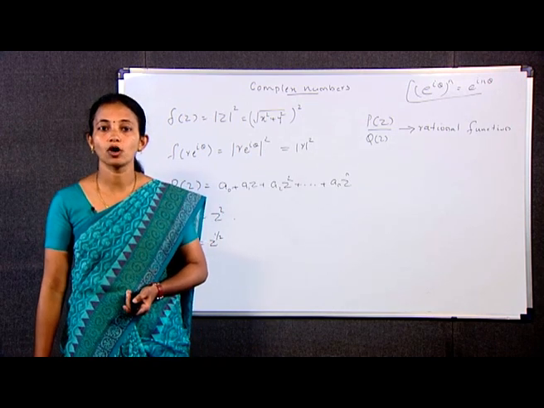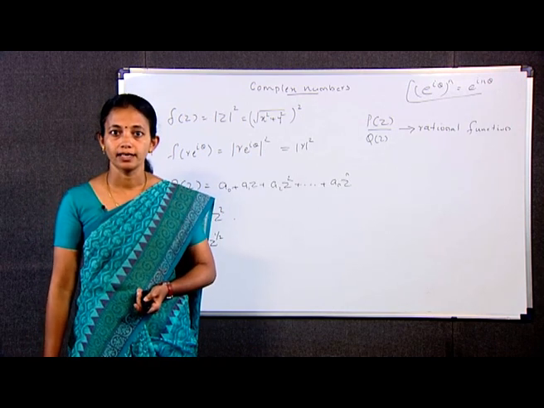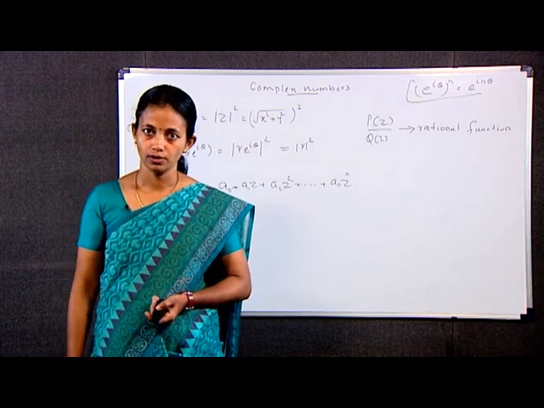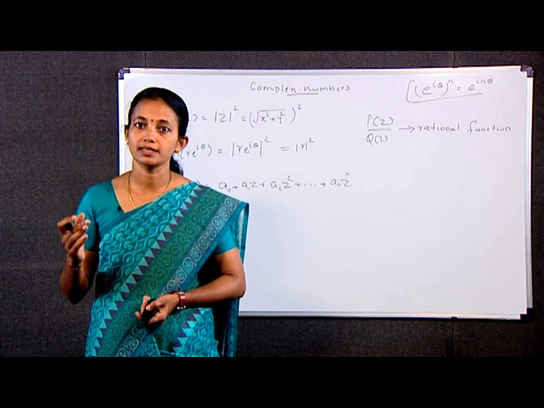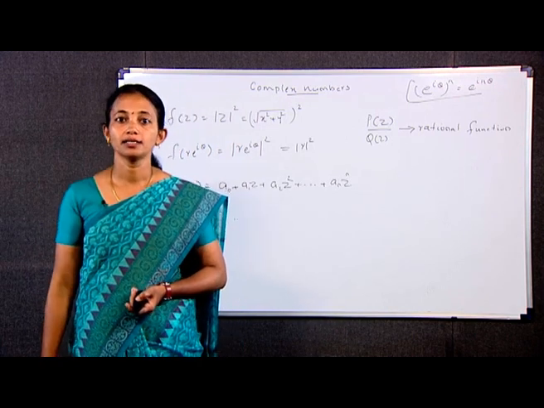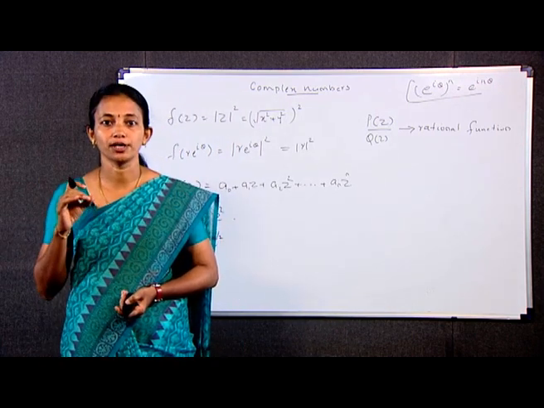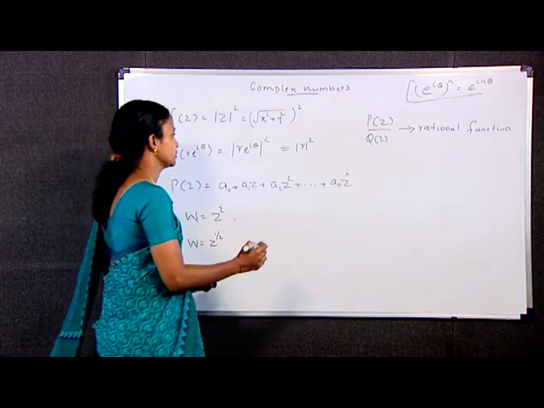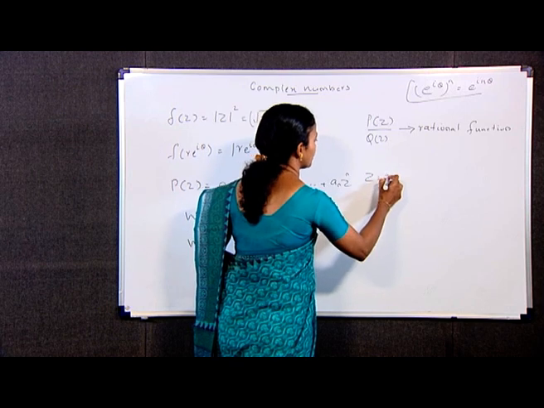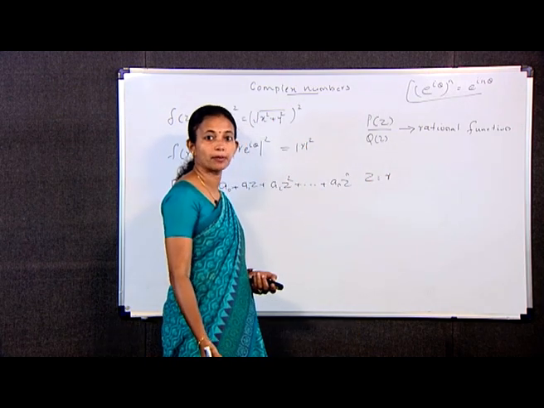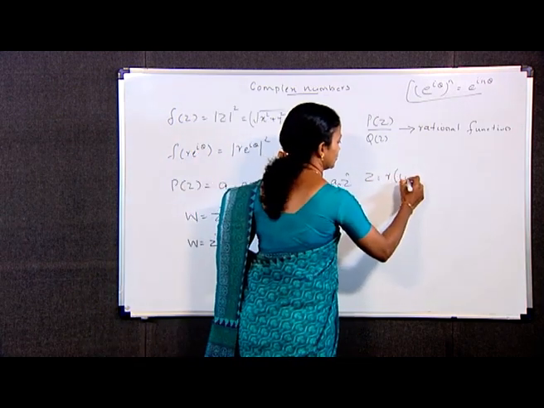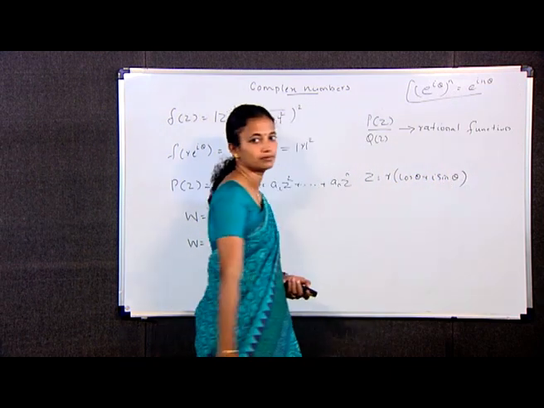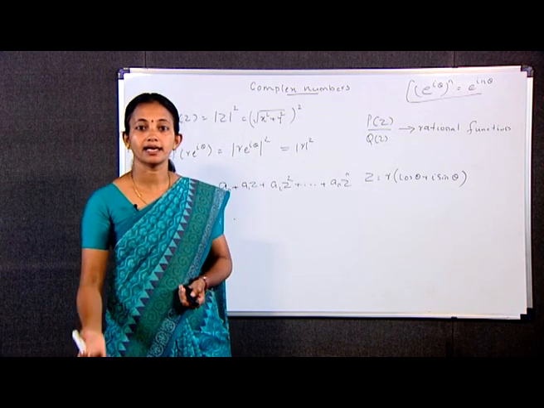For a non-zero complex number, we take z = r e^(iθ), where r > 0 and −π < θ ≤ π is the principal value of the argument of z. Then z = r(cos θ + i sin θ).